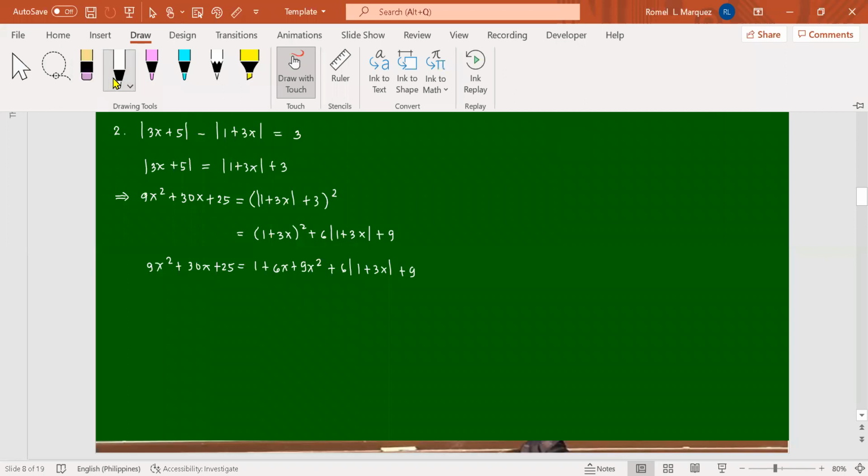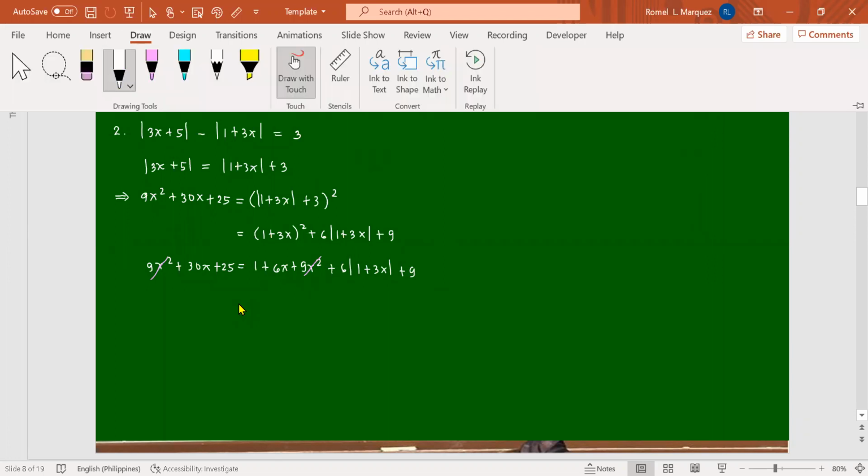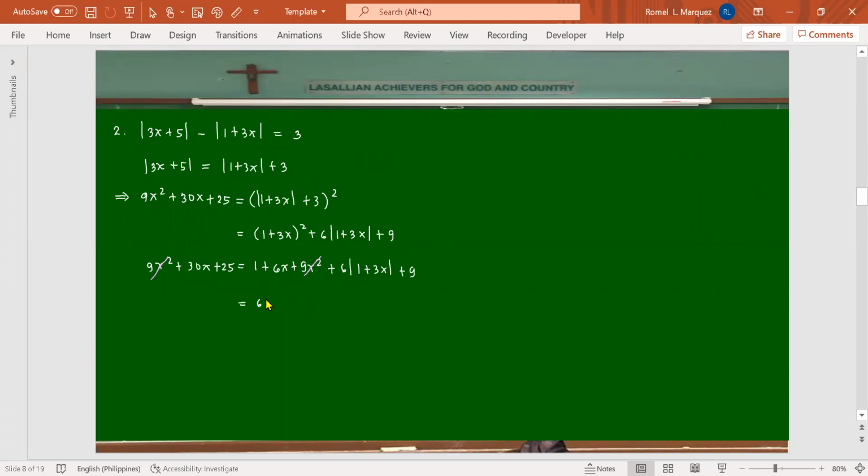So let's now eliminate those terms that can be eliminated. This and this. Then isolate the one with absolute value: 6 abs of 1 plus 3x. Then 1 plus 9 is 10.